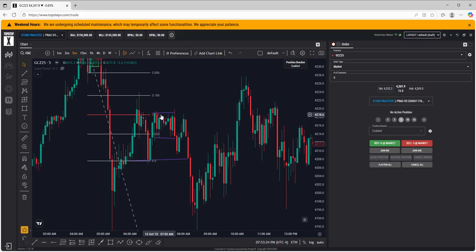Didn't make a new high. Okay, if it doesn't make a new high, I'm still bearish. My break of structure to the upside is what signifies a change of a trend. It didn't do that, did not make a new high, so I can still assume that we are bearish, which we are.